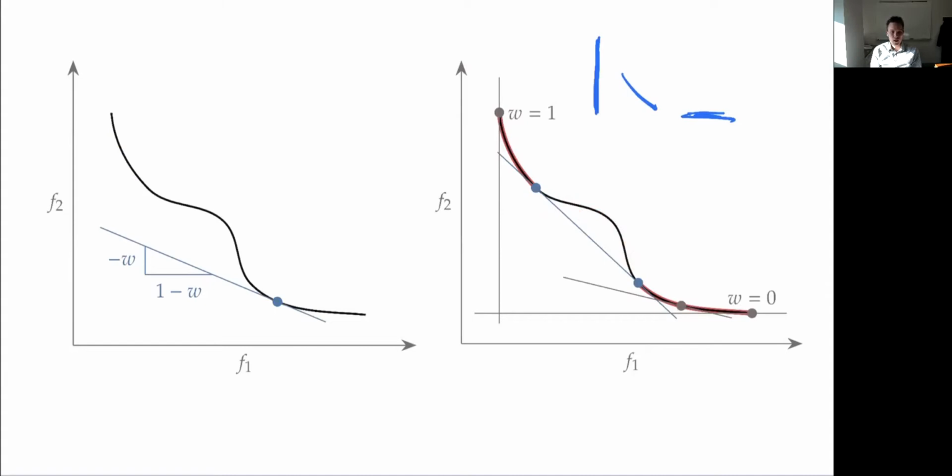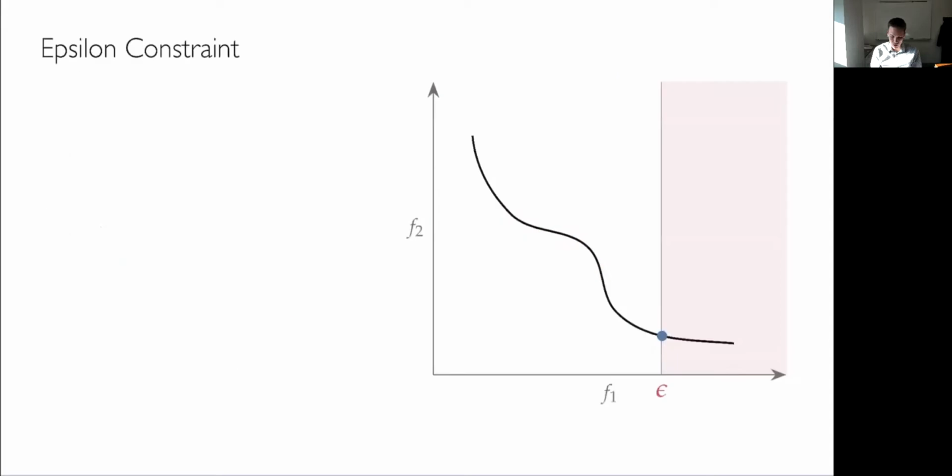All right, so a method that I would recommend over the weighted sum, because it's really no harder to use and avoids much of that difficulty, is the epsilon constraint method. So pictorially here, the idea is fairly simple. Here I'm just showing two objectives.